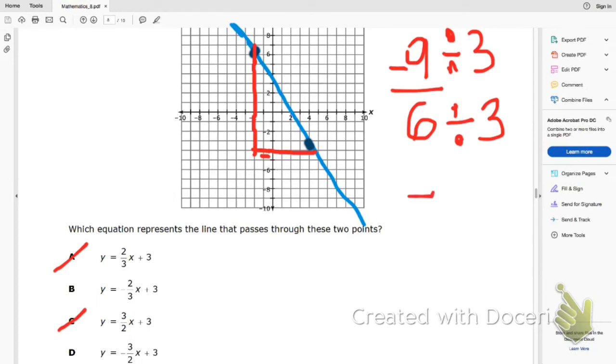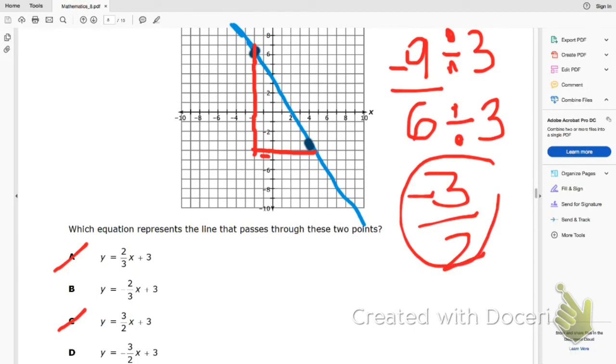Negative 9 divided by 3 is negative 3. 6 divided by 3 is 2. And then you have your slope, negative 3 over 2, in simplest form, that's what they wanted. You look down at your answer choices, they all have the same y-intercept or b, but we know that our slope, our m, is negative 3 over 2, so the answer is negative 3 over 2x plus 3.